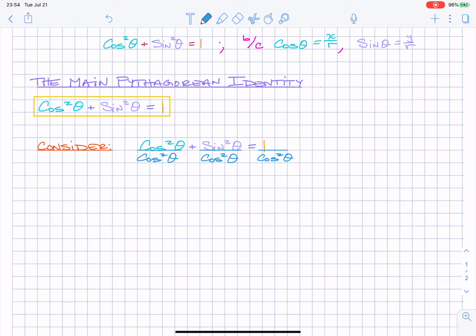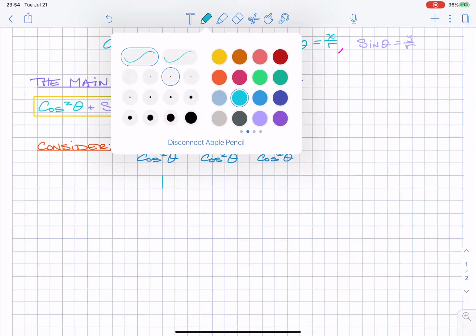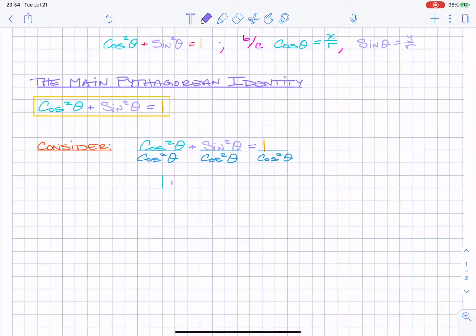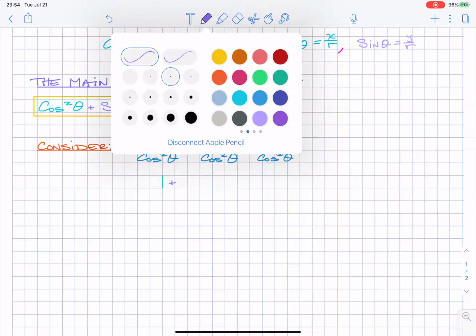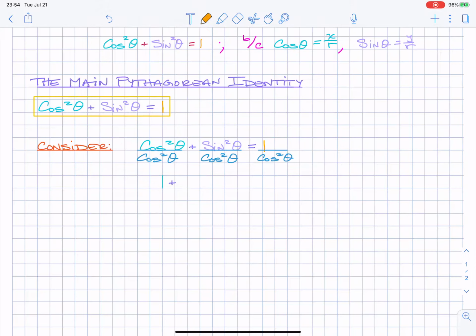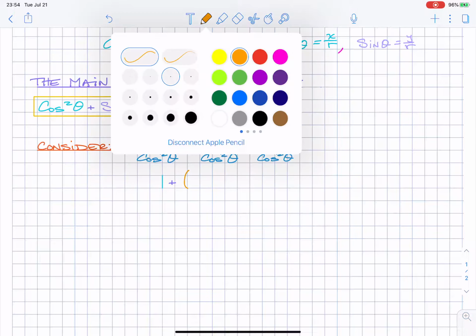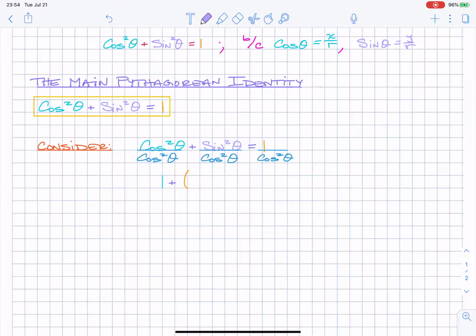Okay, so cosine squared over cosine squared is just 1. Anything divided by itself is just 1. However, if we look at sine over cosine squared, we can write it as sine of theta divided by cosine of theta, the whole quantity squared. What is sine over cosine?